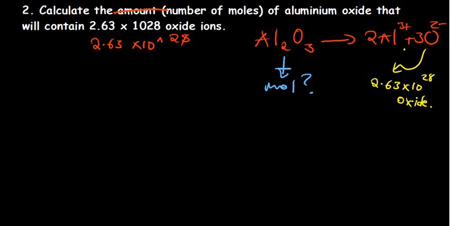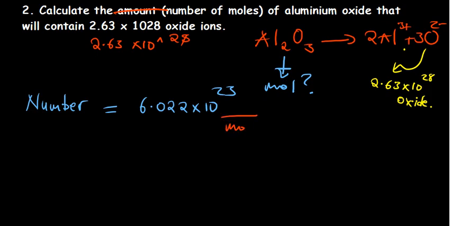We know that each time they want you to find the number of something, it can be number of ions, molecules, or atoms, what we do is multiply the Avogadro's constant against the number of moles. That's one thing that we know. So per mole, and in this case we're dealing with ions.